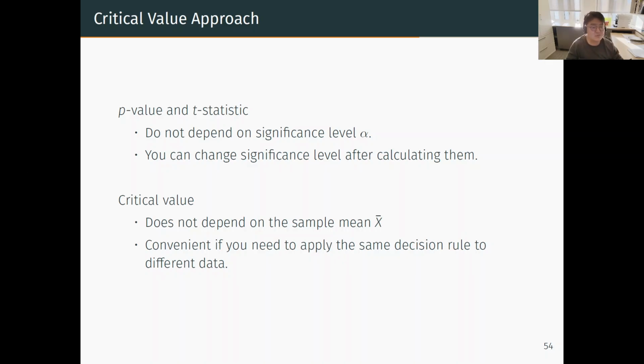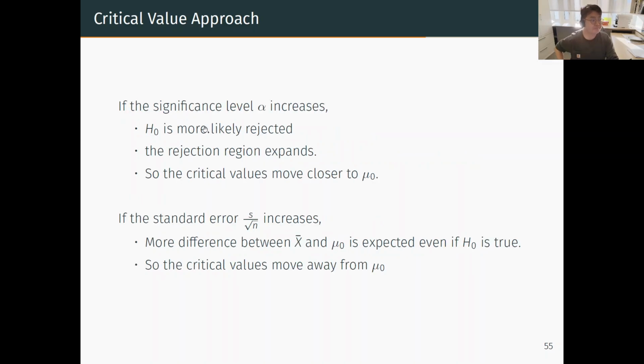Okay, so that's why we learned 3 different ways of implementing the hypothesis testing, or 3 different ways to present your outcome or make the decision. But still they are consistent. Don't forget about that.